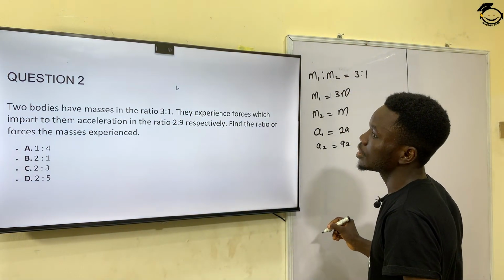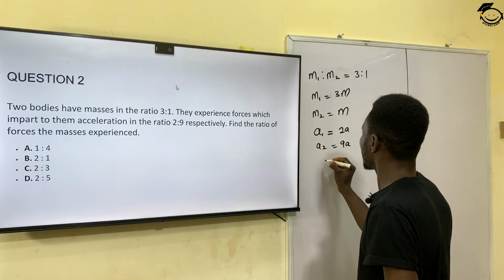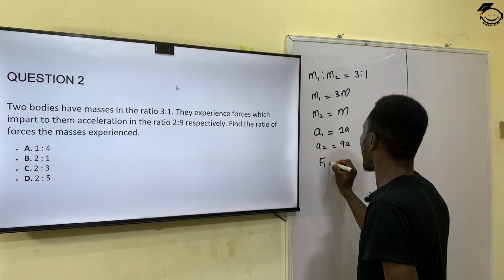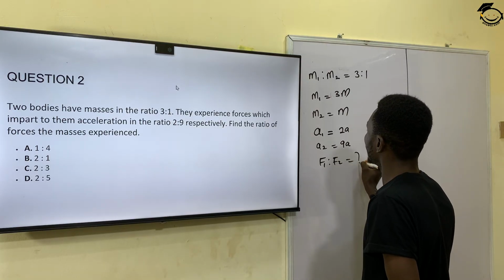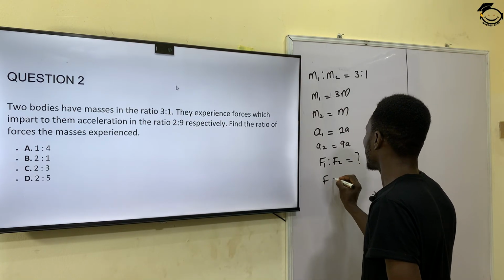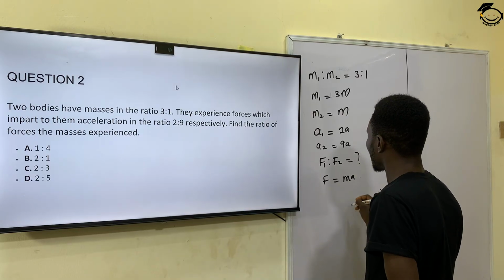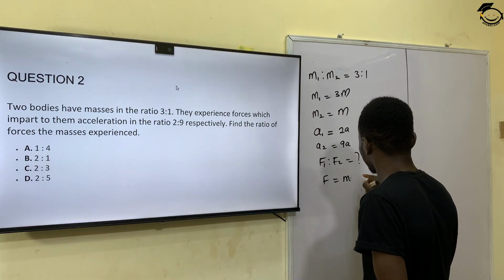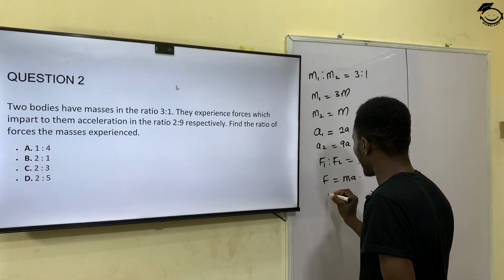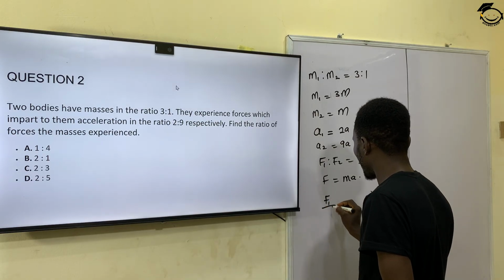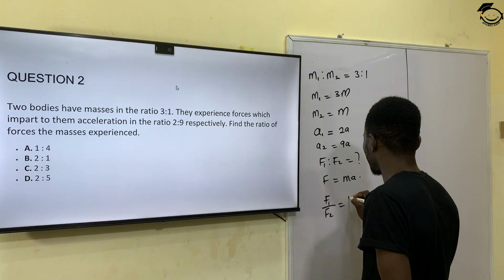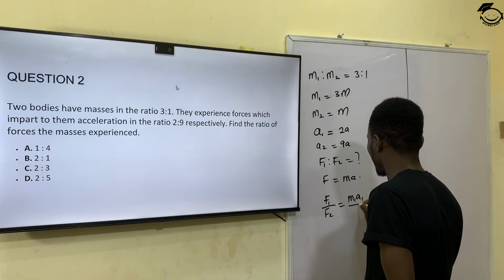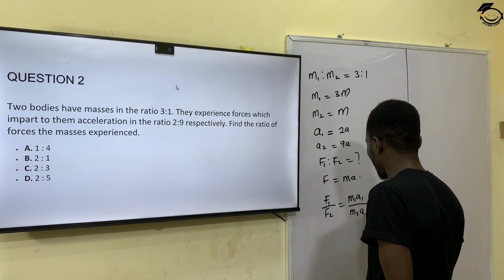Then it said find the ratio of their forces. So we are looking for F1 ratio F2. We do not know, but we know that F is equal to MA. That is the same thing as saying that F1 over F2 is equal to M1A1 over M2A2.